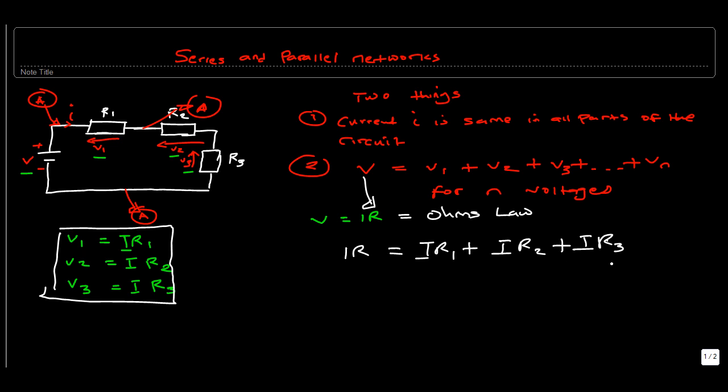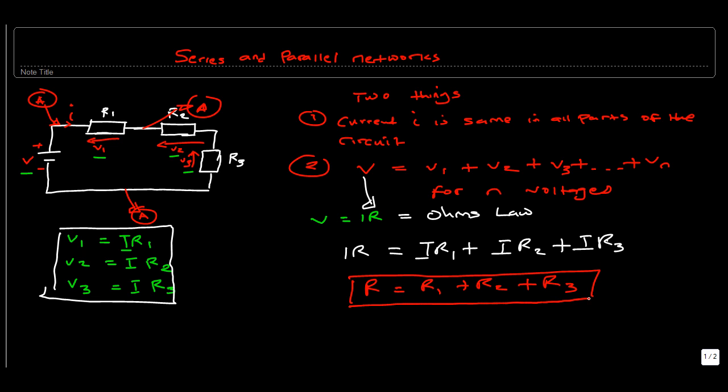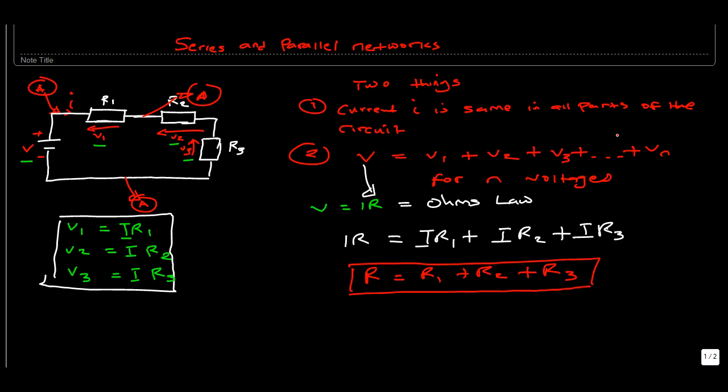The current stays the same for a series circuit. And what you have here is essentially R is equal to R1 plus R2 plus R3. And this is how we find the total resistance in a series circuit.